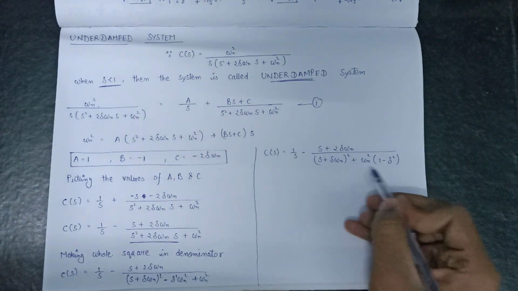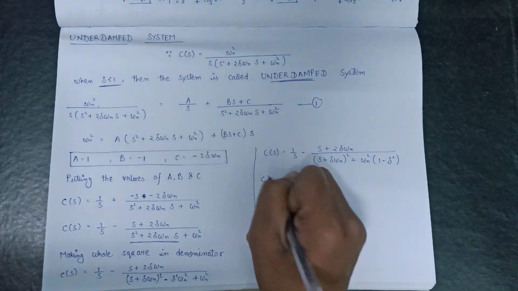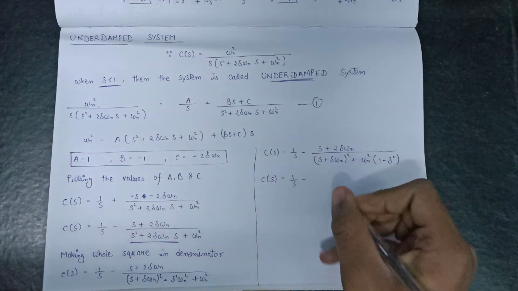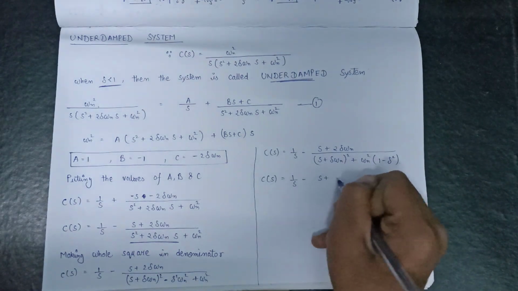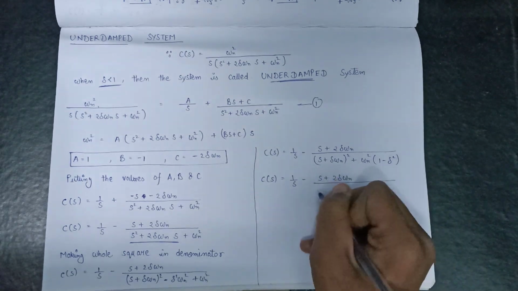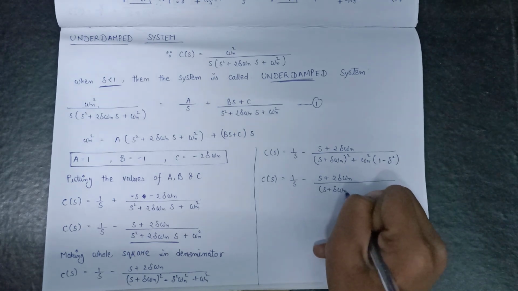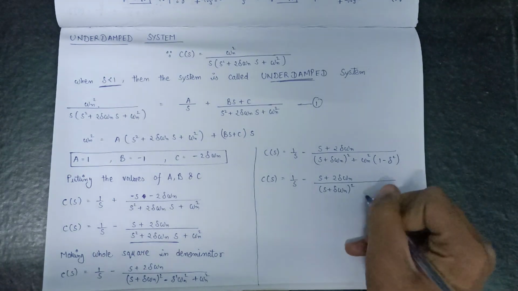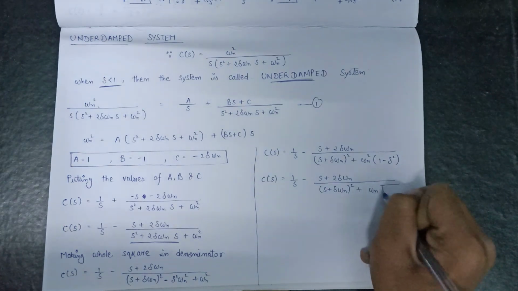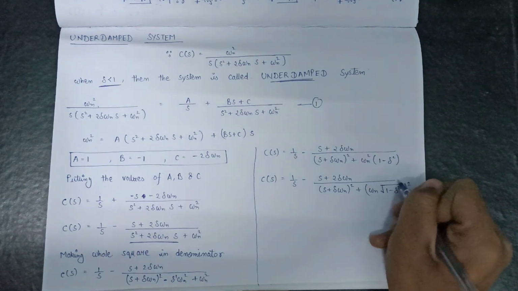Now we can write this term in the form of whole square also. That's why C of S is equal to 1 over S minus S plus 2 del omega n divided by S plus del omega n whole square plus omega n under the root 1 minus del square to the power 2.